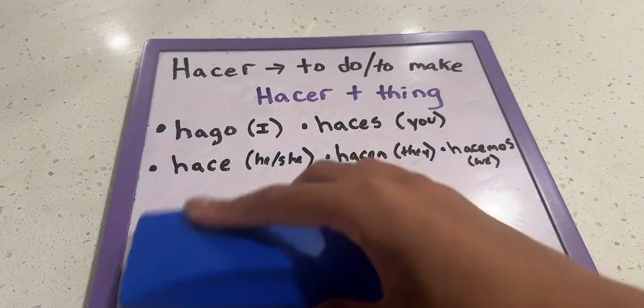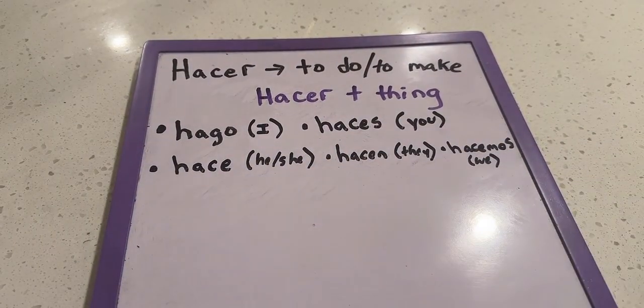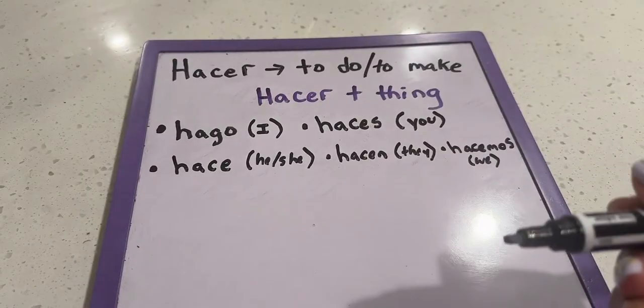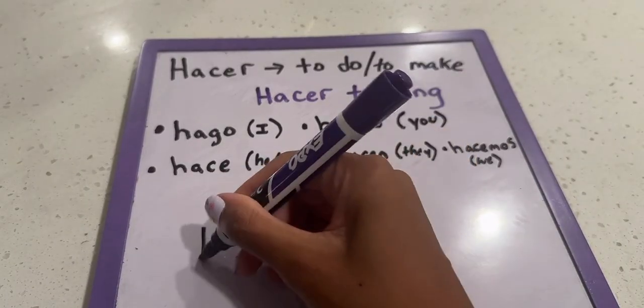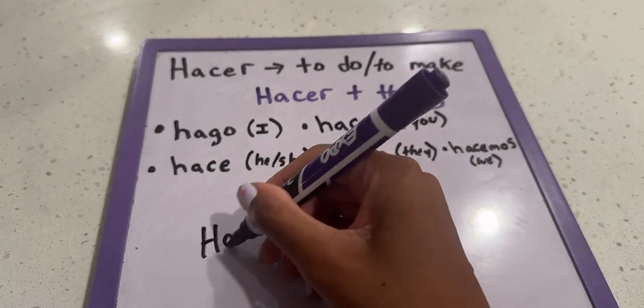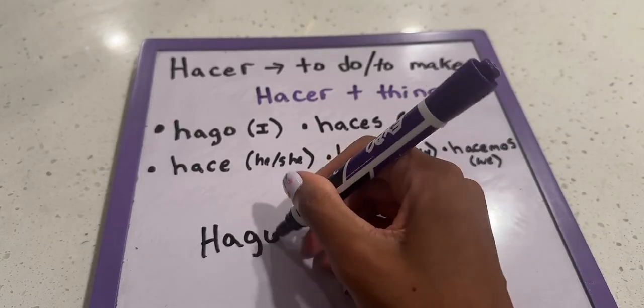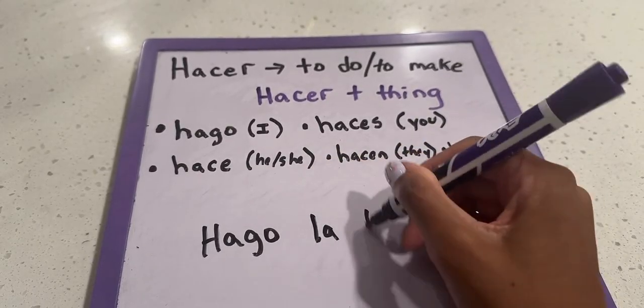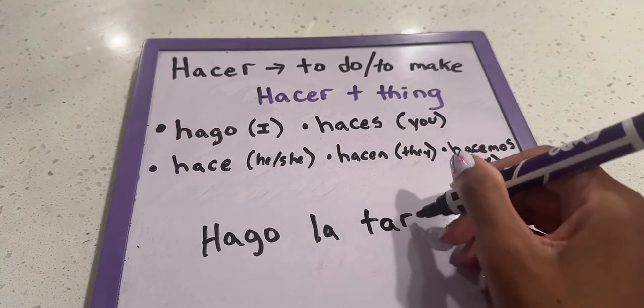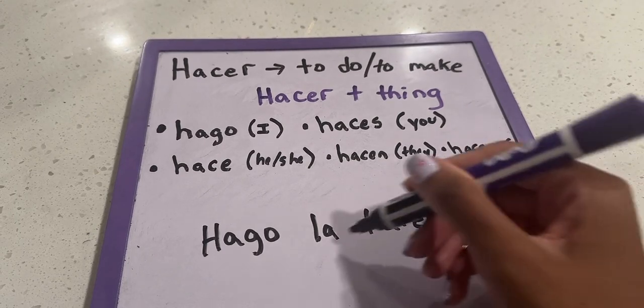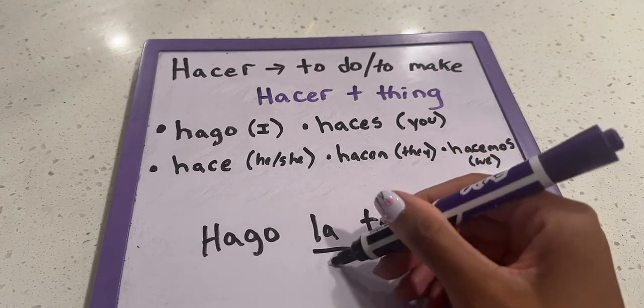Let's say that you are a student and you're going to class and you want to say, I do homework. So the way we'd say that is, hago la tarea. So here's a new vocab word. If you're not sure what this word means, homework.